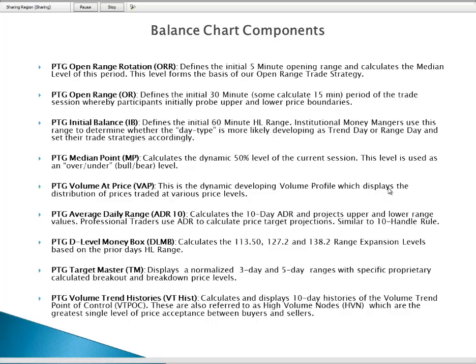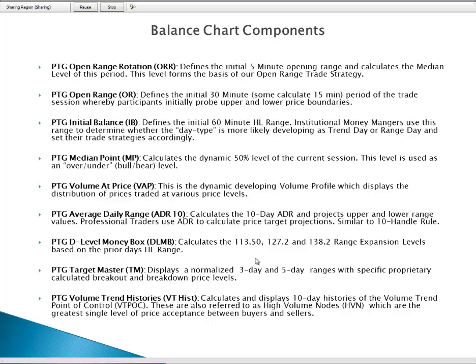Okay, so that rounds out the components definition, and let's just get to the chart. We'll run through each of these sequentially, and then we can discuss the nature of them a little bit. I won't get into super detail on how to use each of them, but we'll give you a brief overview.